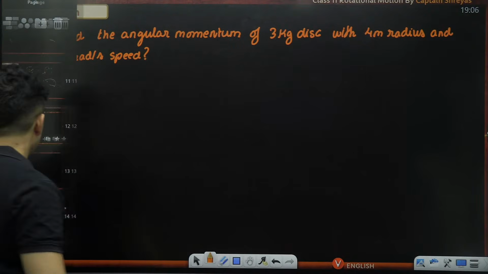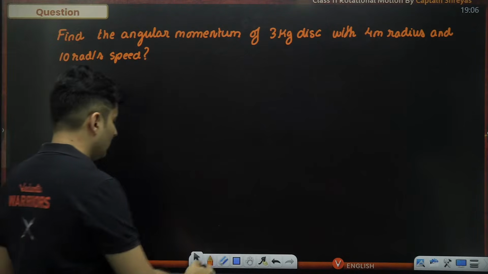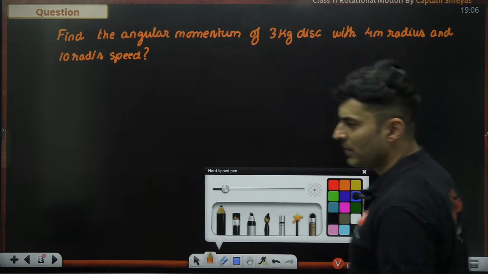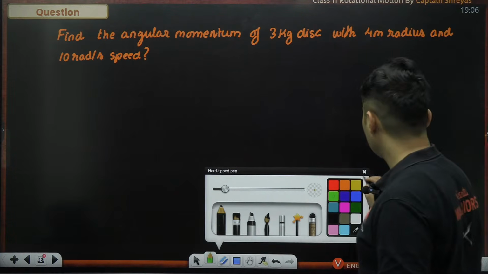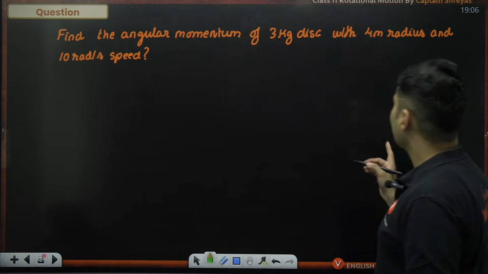Find the angular momentum of this. That's the question. Let's see if you can do this particular question, guys. Angular momentum of a disk is asked.